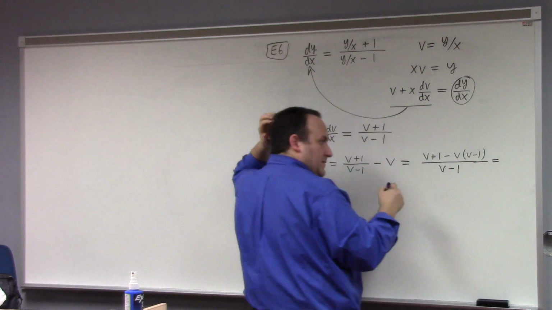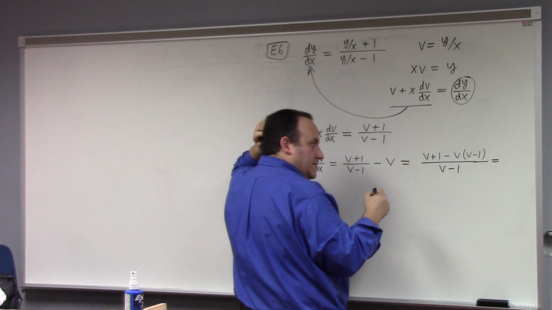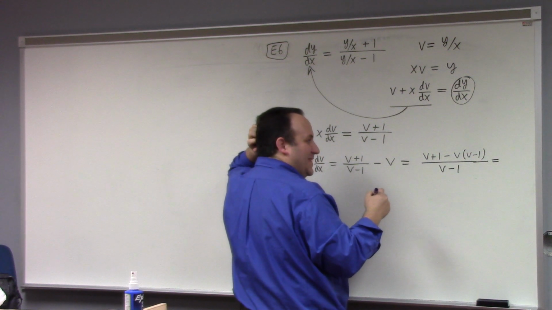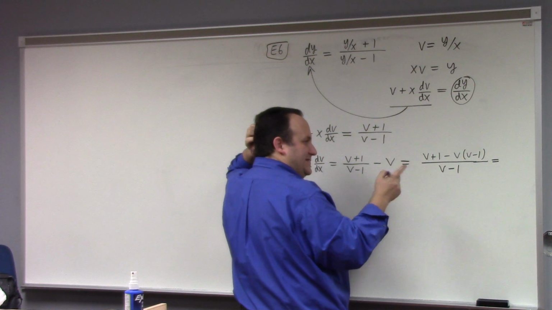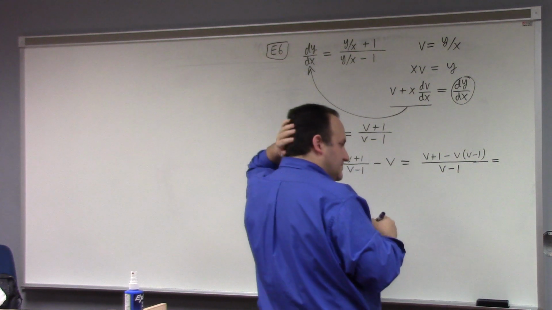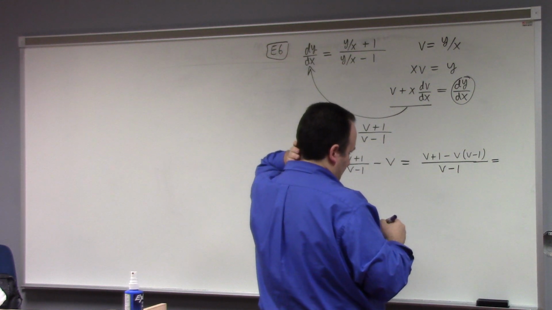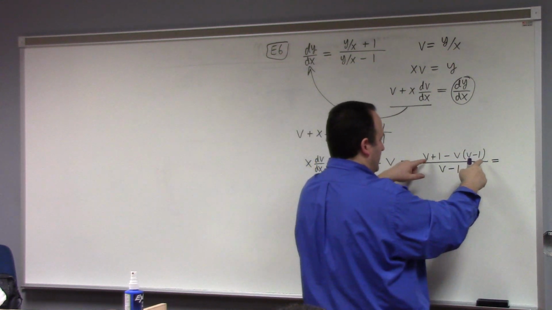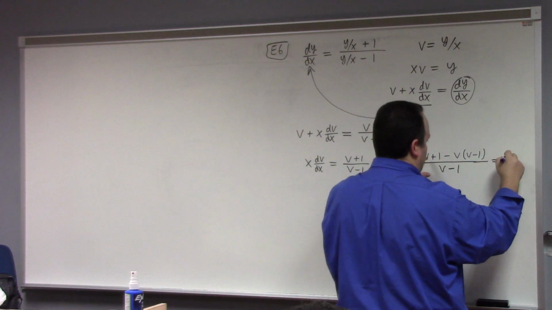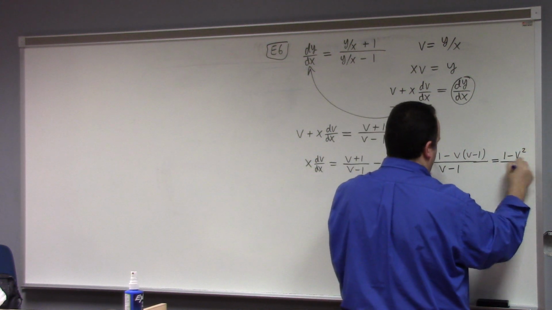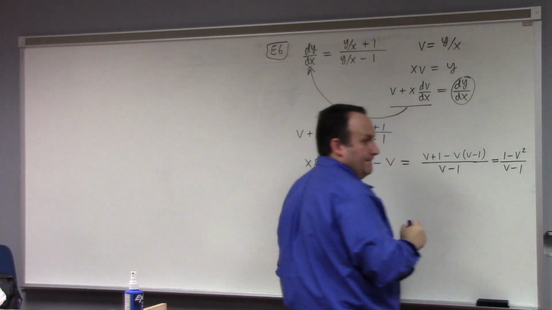How did it go? V squared plus 1 or plus 2. Let's see here. Is there anything canceling? There is. The v cancels with the minus v. So we've really just got 1 minus v squared. Is that right?